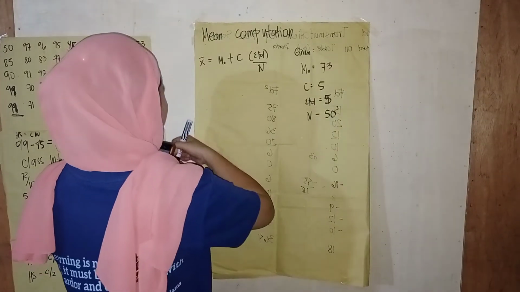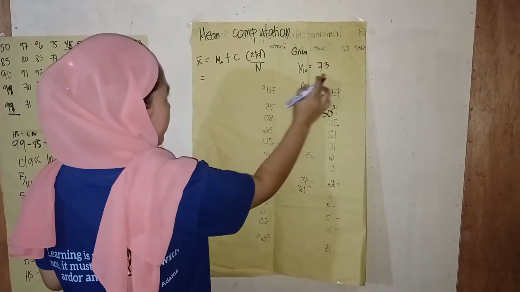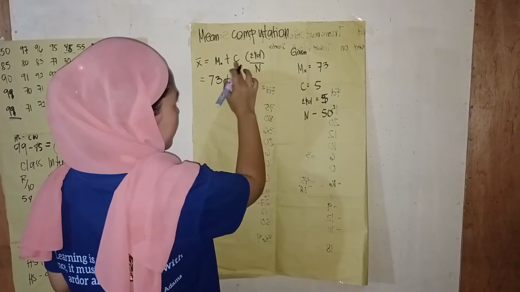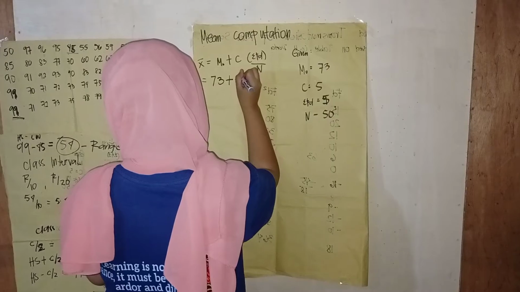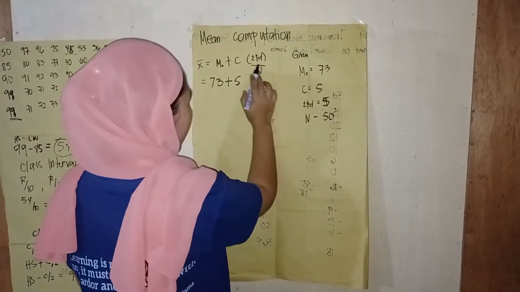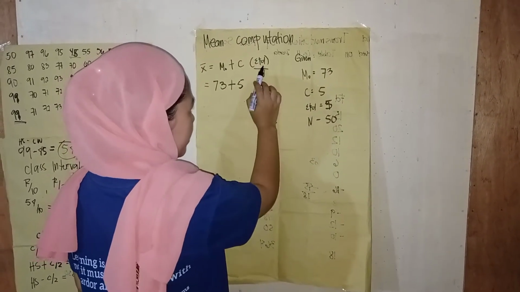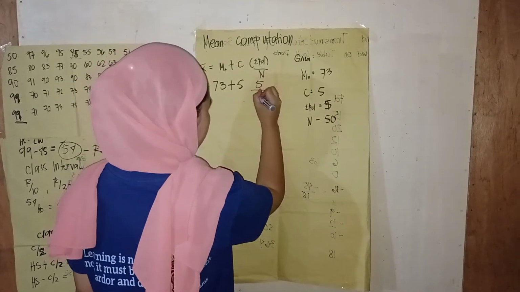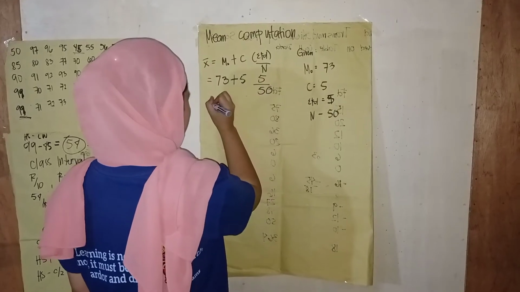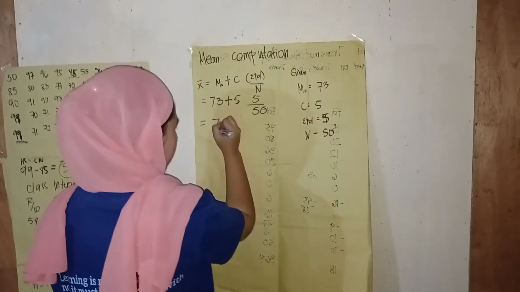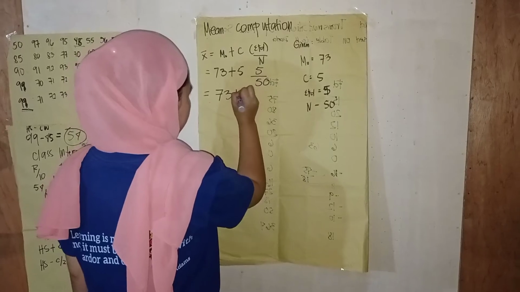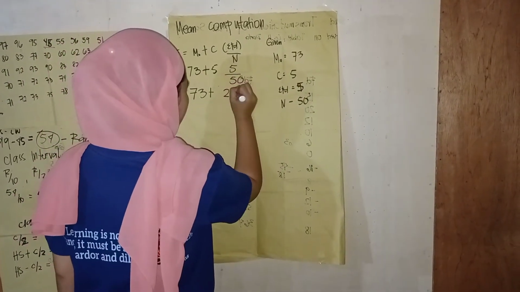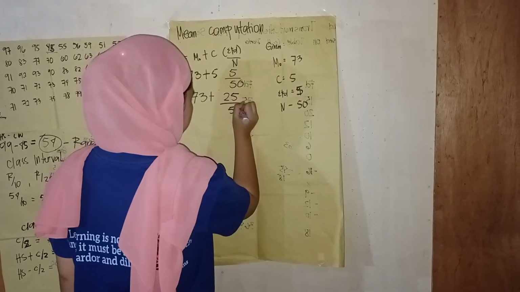So our mean is 73 plus our class interval 5 times our sum of product f and d, which is 5, over number of cases 50. Our mean is 73 plus 5 times 5 equals 25, over 50.